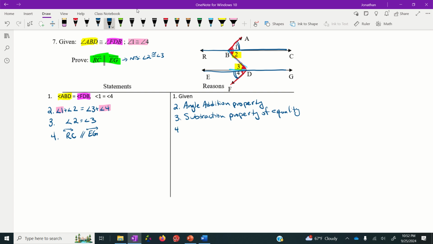Remember how I'm going to write that up: when the alternate interior angles are congruent, the lines cut by a transversal are parallel.